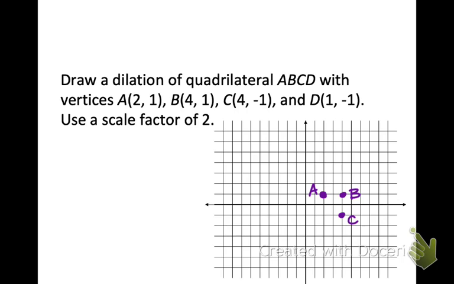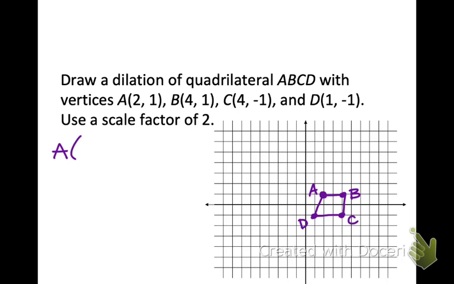And D is at 1, -1. So then connect those. It's making a trapezoid. Okay, so it's telling me to use a scale factor of 2. So will my shape be getting larger or smaller? Larger. Good.